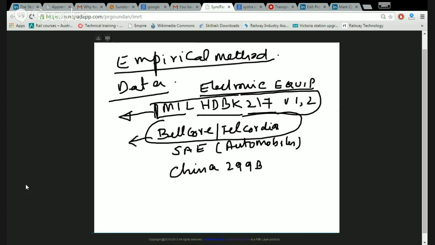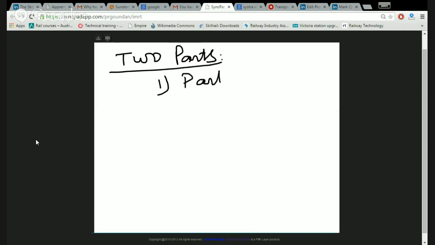So what is the method? Now I know where the source of data is. The handbook is available, so I take the handbook. And how do I proceed? This empirical method consists of two parts. One is parts count.